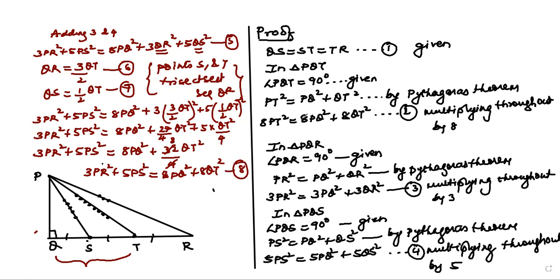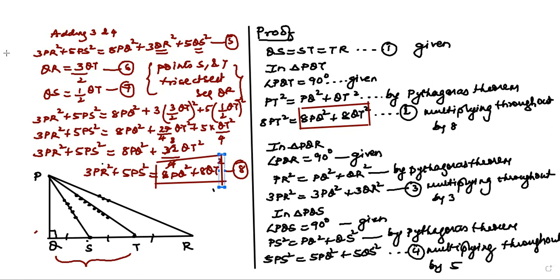Compare your statement number 1, okay? The right hand side of statement number 1, when you compare with statement number 2, and when you compare the right hand side of statement number 8, the right hand sides are the same.